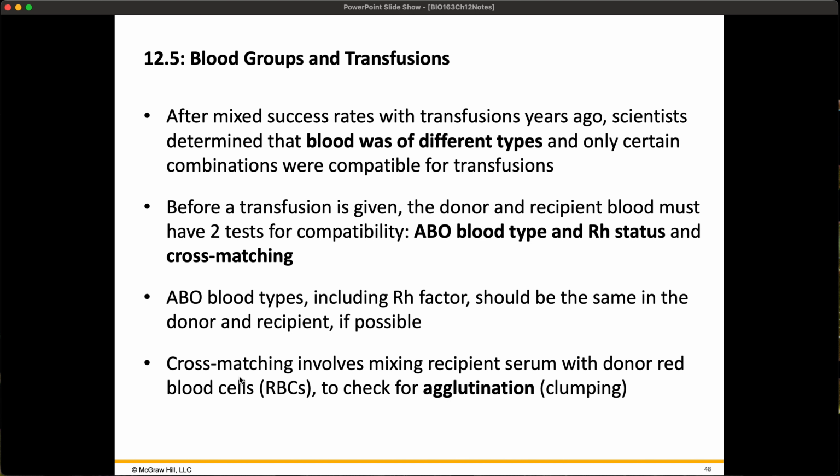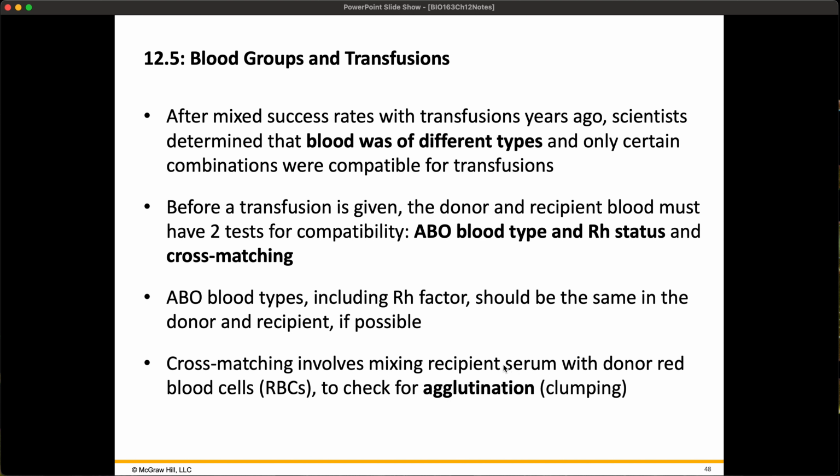The other test, cross-matching, is when they take a small sample of recipient serum with donor blood cells to check for agglutination. Recipient serum with donor red blood cells. They don't have to mix the whole blood, because the antibodies that can cause agglutination, that can cause a reaction to donated cells, exist in the plasma, in the serum.